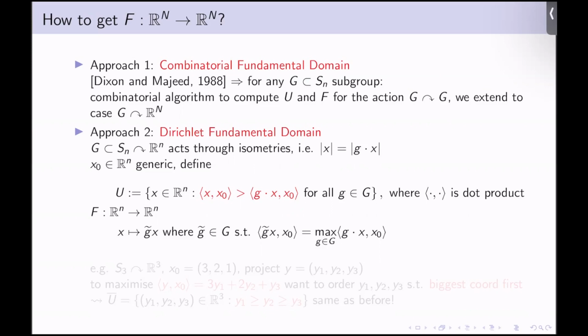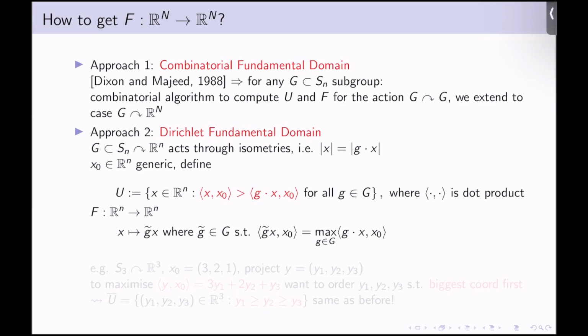So you can define U, which is the set of points which maximize the inner product with your fixed point x0. So these angled brackets here, that's the dot product on Rn. And we want that the inner product of x with x0 is bigger than the inner products of all the translates of x with x0.